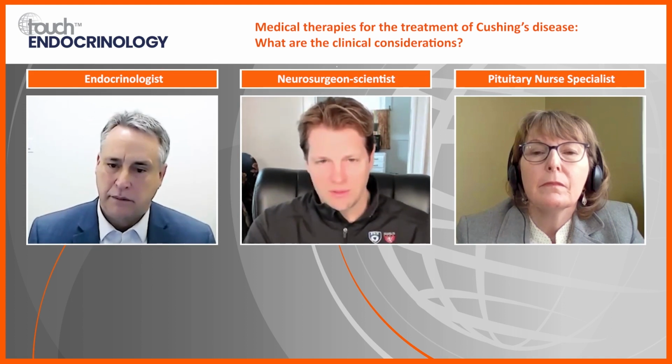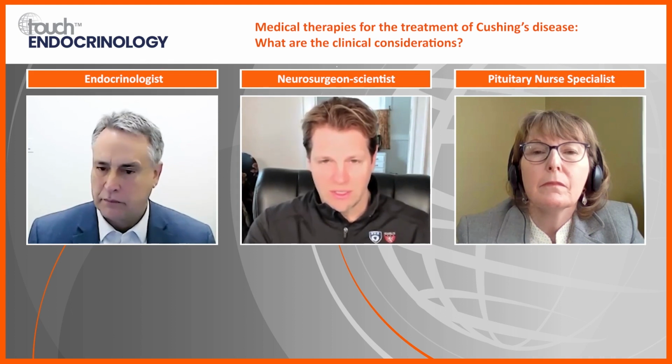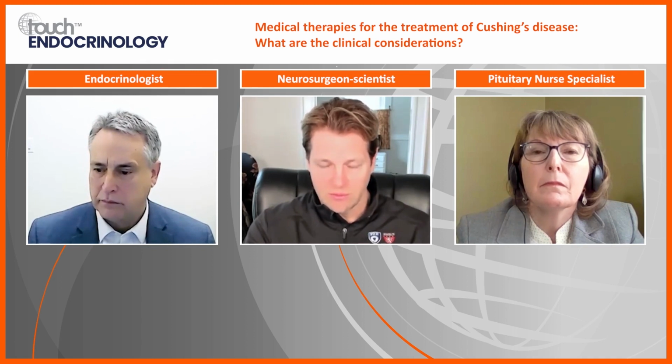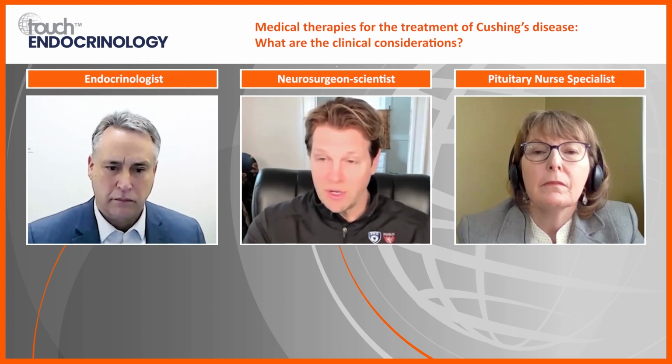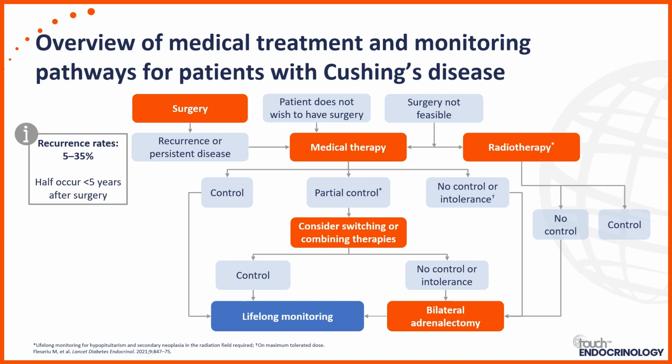So when a patient is presenting with symptoms of potentially harboring Cushing's disease, they get worked up. And then once they're diagnosed, in general, for patients that are of appropriate age and without significant comorbidities that would prevent them from undergoing surgery, most patients undergo surgery as the first line of treatment. And the goal there is to identify a pituitary adenoma that is functional and to resect it completely.